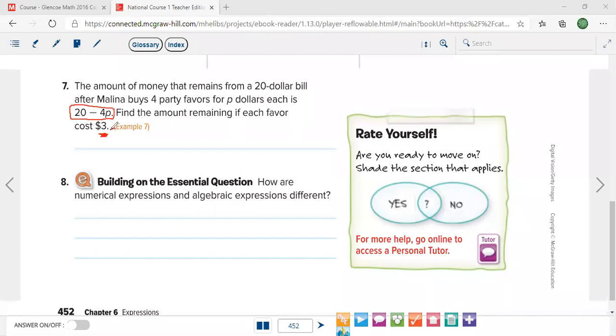So this is the value of P. So we know that 20 minus 4P means 20 minus 4 multiplied by $3. So this will be 20 minus 12, and 20 minus 12 is $8.